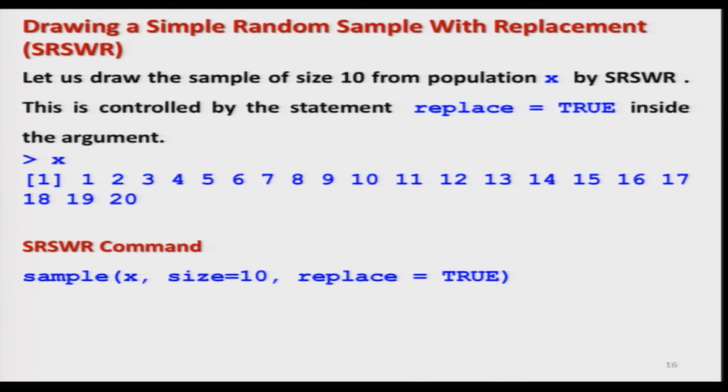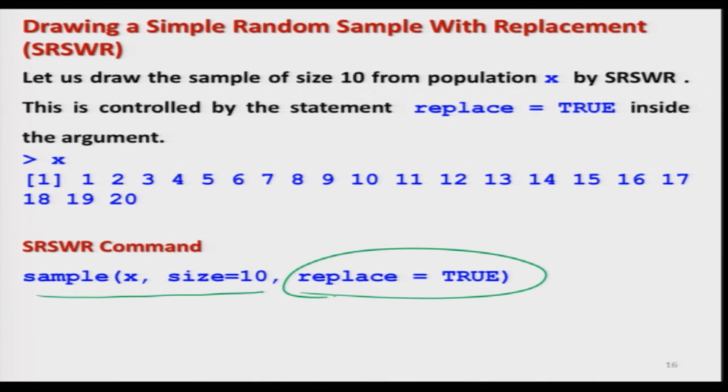Right. Similarly, if you want to draw a sample by simple random sampling with replacement, then you have to use the same command, sample x size, but replace will become TRUE now. So, suppose I want to draw a sample of size 10 from this population of size 20, then I have to write sample x, where x is the population, size equal to 10 and replace equal to TRUE.